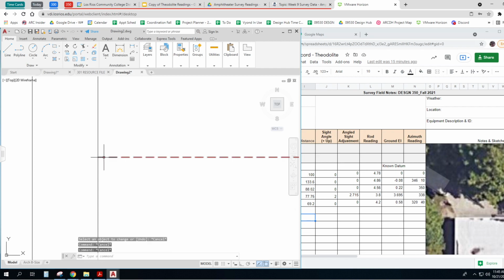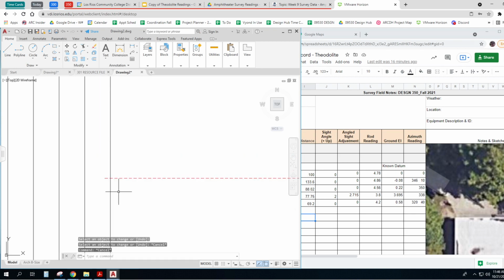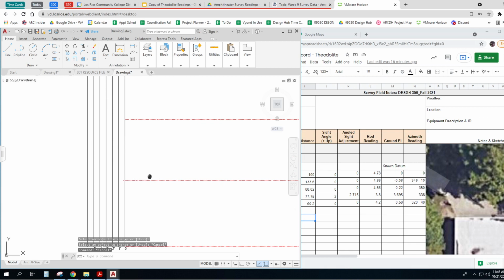Why is it not letting me pick that one? Lengthen, DE, 0.22. There it goes. But this is twice scale, so I have to do it twice. So that's the elevation there.